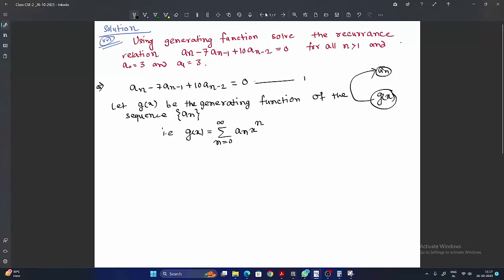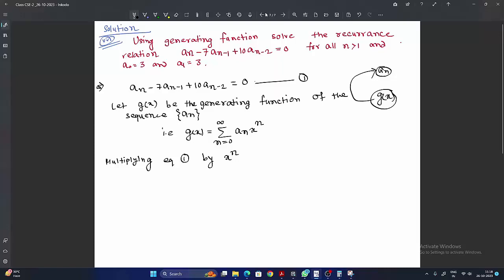Now give it equation number 1, and now the second step is multiplying by x to the power n, because we will build that term in that recurrence relation.